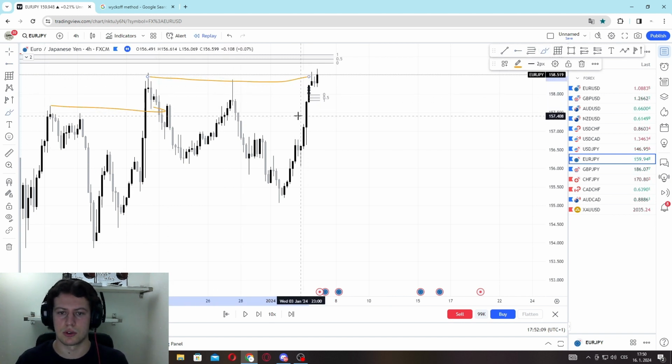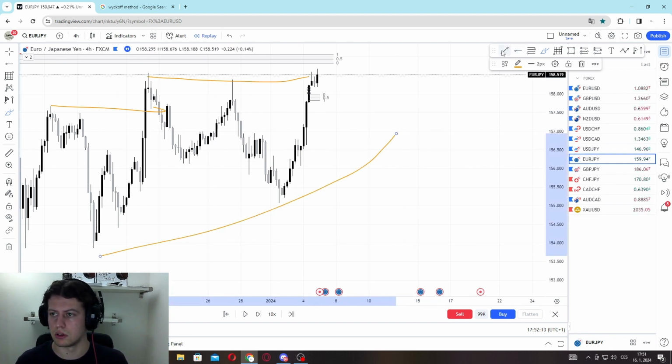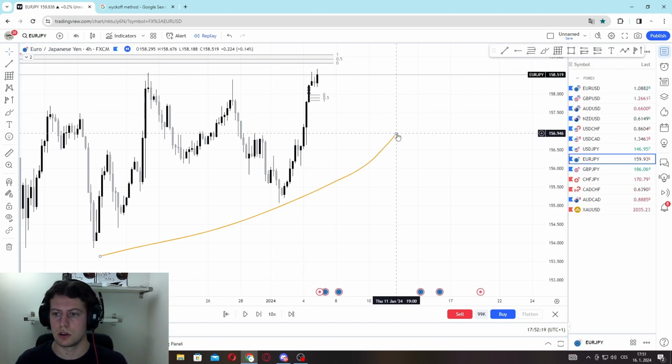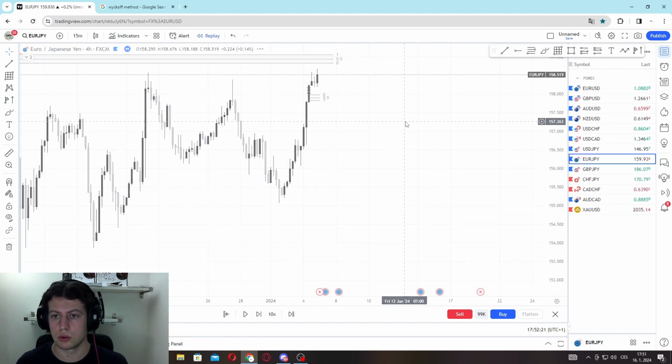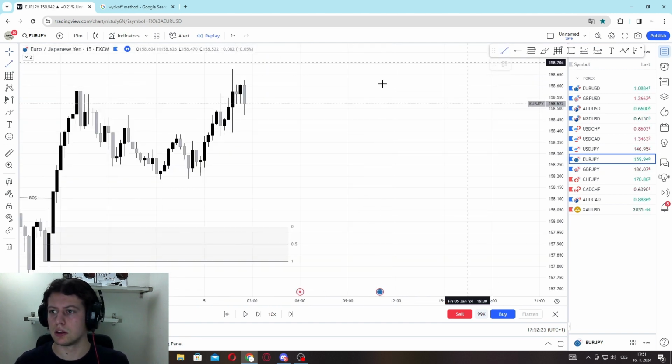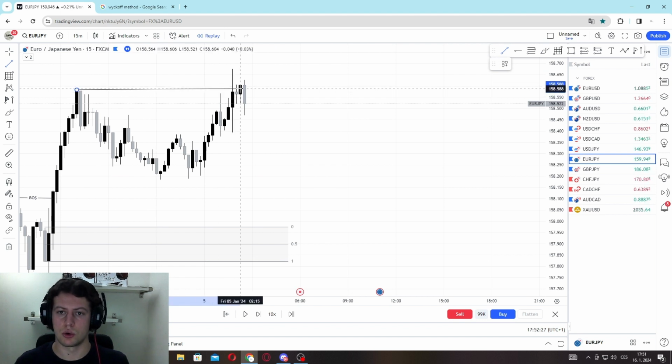Yes, like break of structure, but you can see that we are in an uptrend in this case. So I just wanted to show it to you. Okay, so we made a break of structure also here.